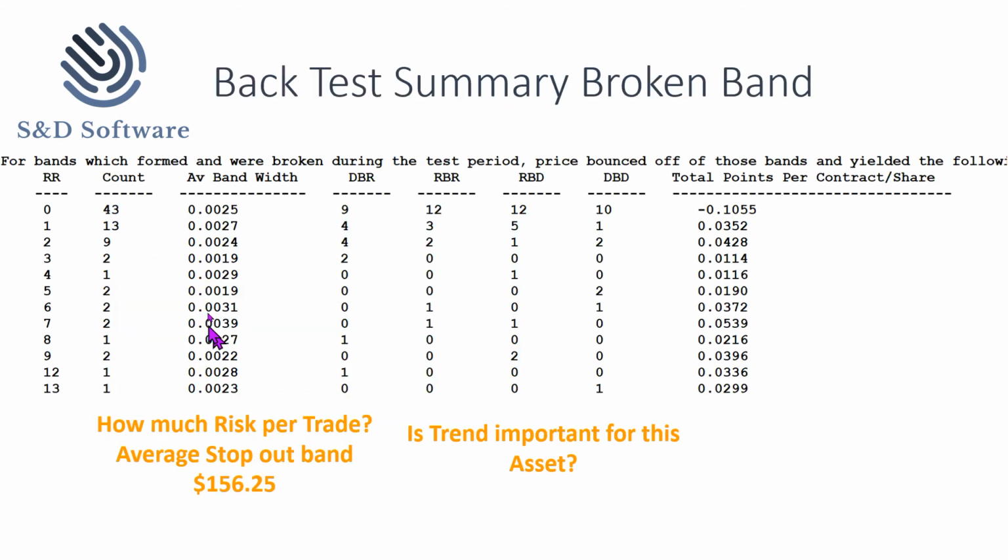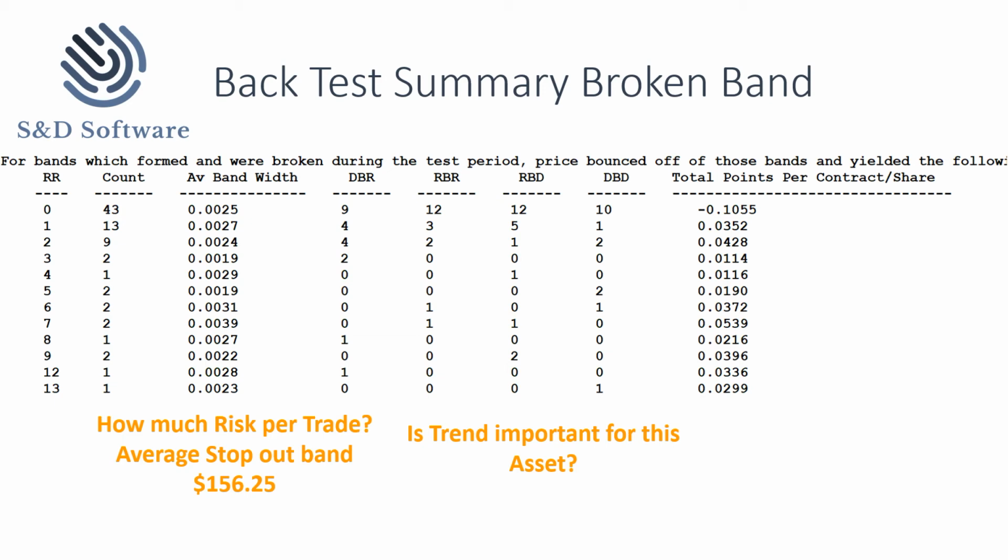When we start looking at the summary of the broken bands, there's a lot of valuable information here. One, it tells you how many bands never made it to 1-to-1, and it gives you the average band width. So you can use that information as you think about, for this asset and this interval and interval type, is that an amount of money that I'm willing to risk on a trade.